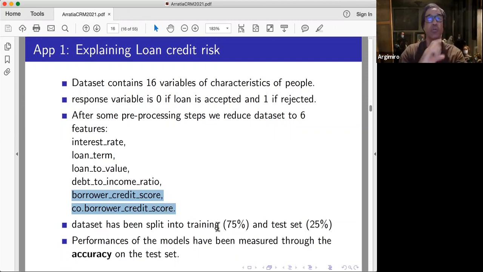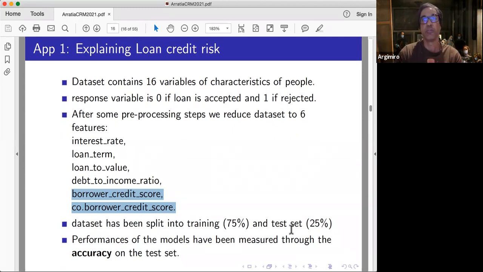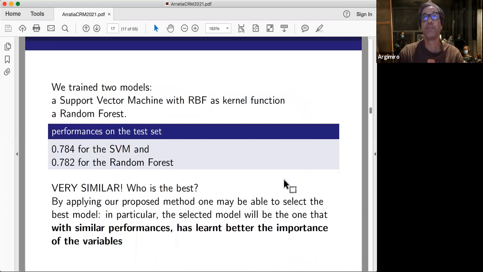In the training set is where you compute your model and your data explainer, and then in the test set is where you apply your model explanation measures. And the performance of the models will be measured as is usually done by the accuracy, how well you accept or reject the credit.